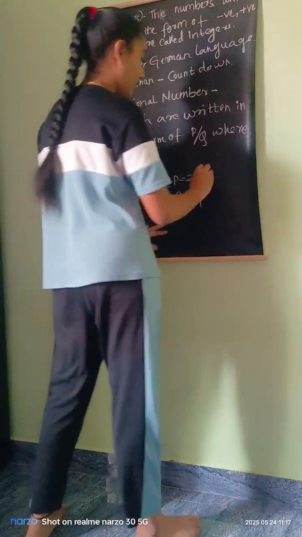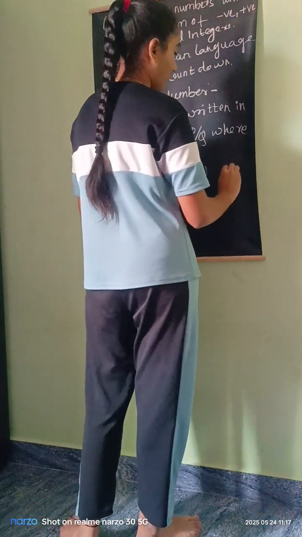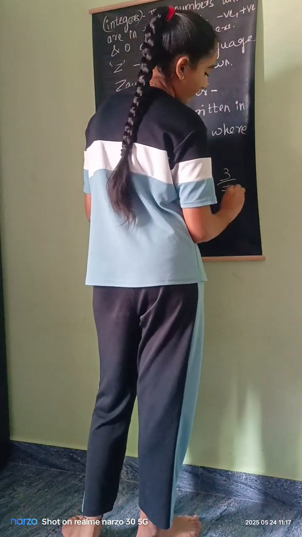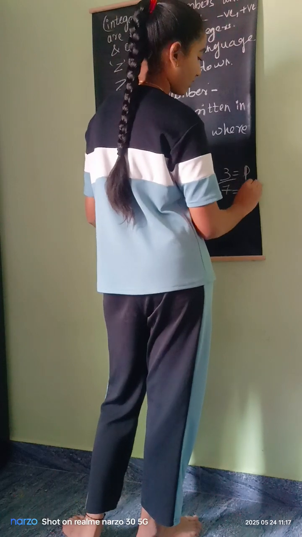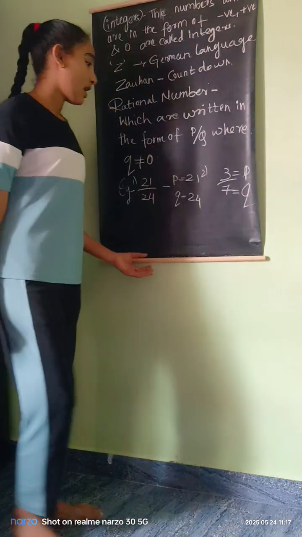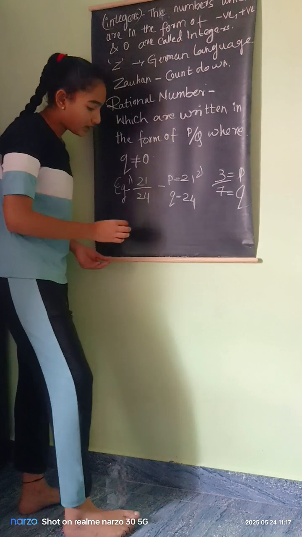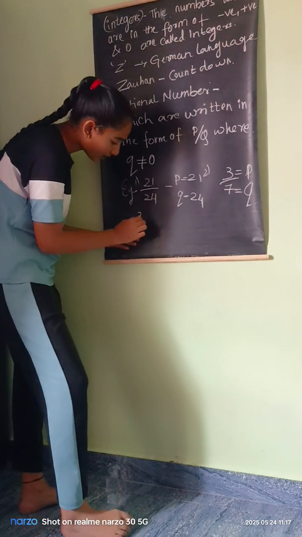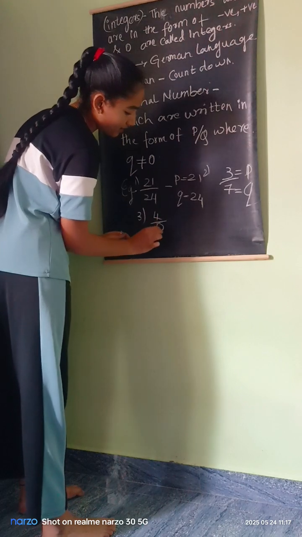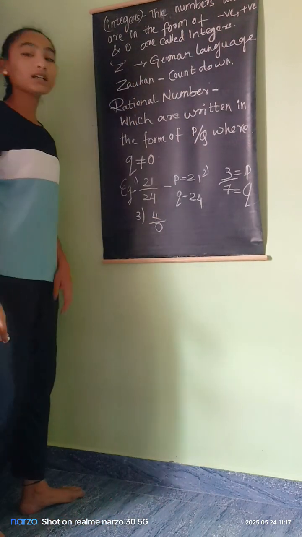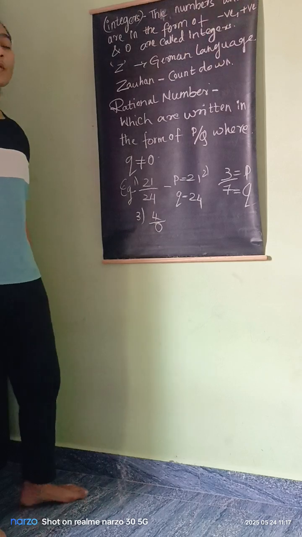The next example is 3 by 7. Here the P value is 3 and the Q value is 7. And do you think this is a correct example? 4 by 0. Is it a correct example for rational numbers?